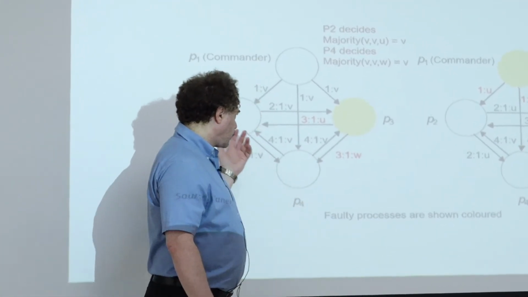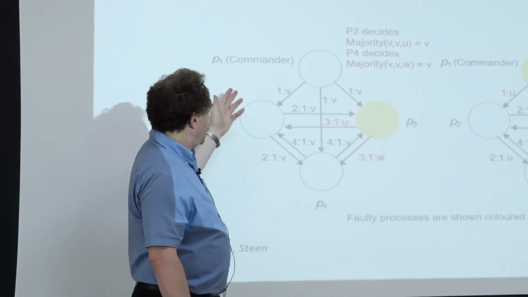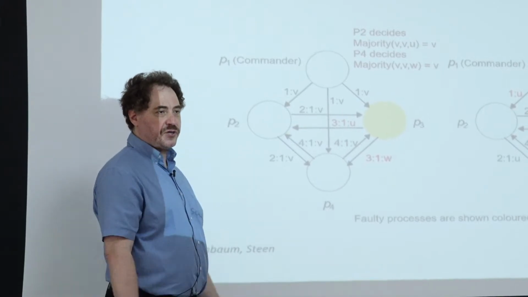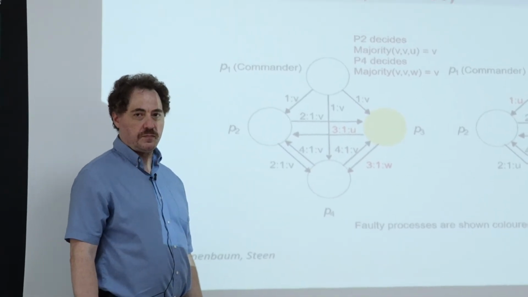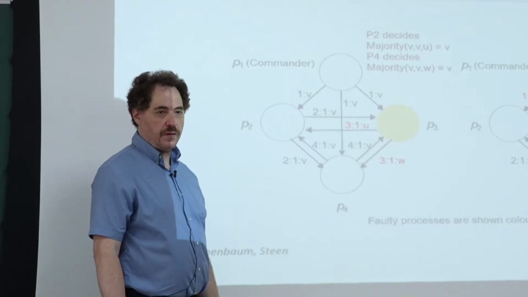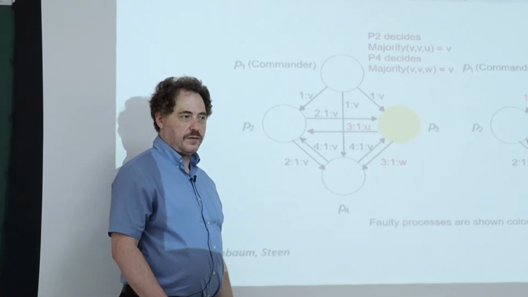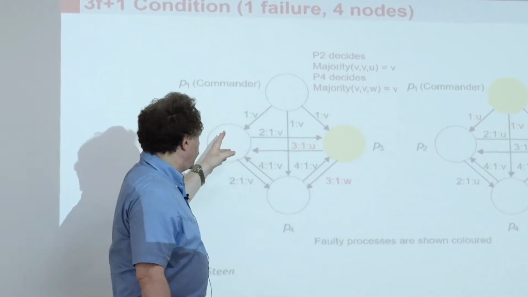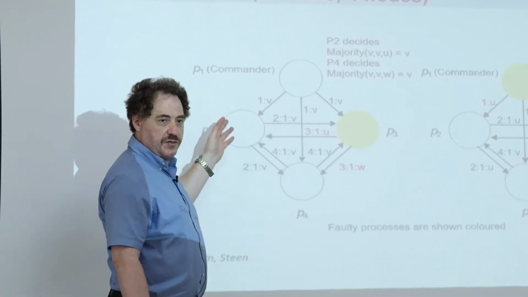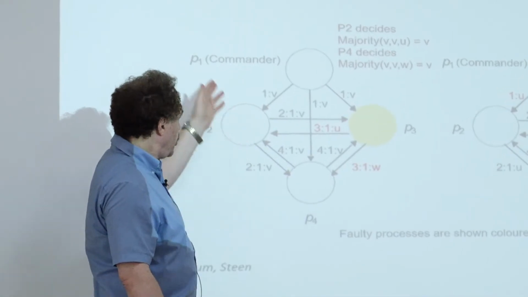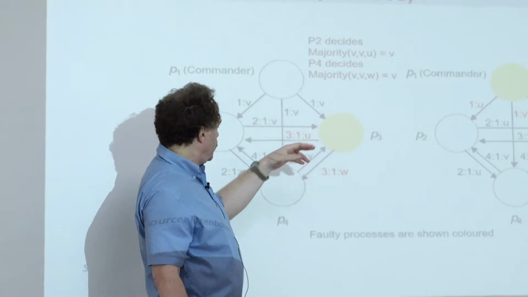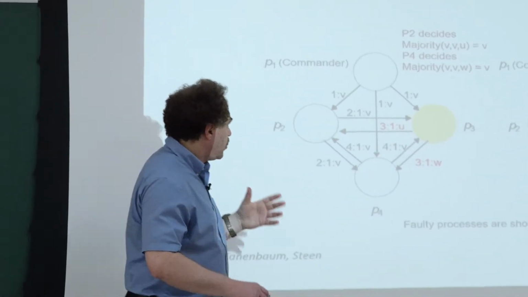So in this case, would the honest nodes reach a consensus? Well, the answer is yes, because each node could look at the majority of the messages it's getting, and the majority would all say V. The fact that there is one U here would not matter.